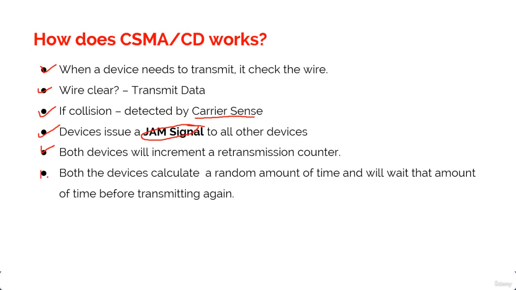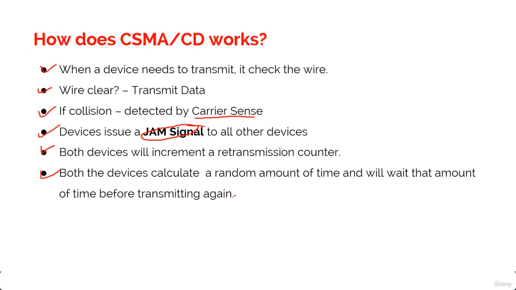And finally, both devices calculate a random amount of time and wait for that amount of time before transmitting again. In most cases, because both devices choose random amounts of time to wait, another collision will most probably not occur, because the time is not the same for both devices. That is why CSMA CD works perfectly in the wired network.